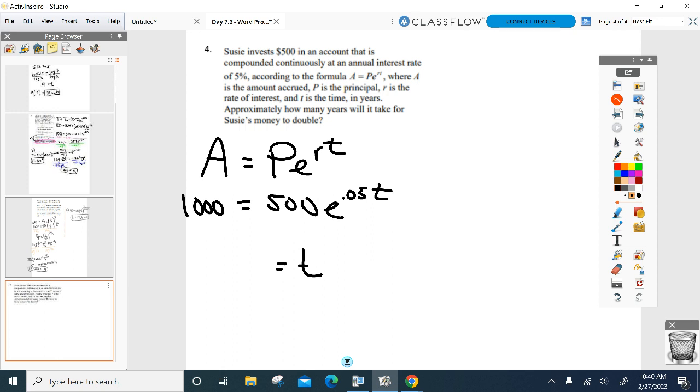It's going to be in there for a while before it doubles. $14.